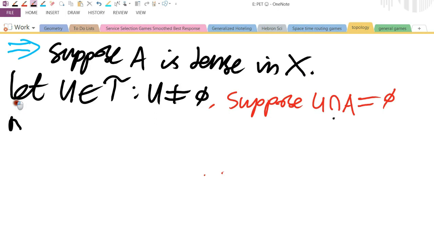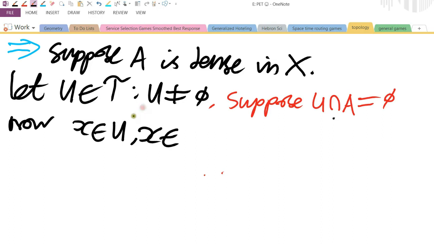Now, what does that mean? Well, there's got to be a point in this open set U, which we're going to call little x. And little x is outside of A because U and A don't intersect.